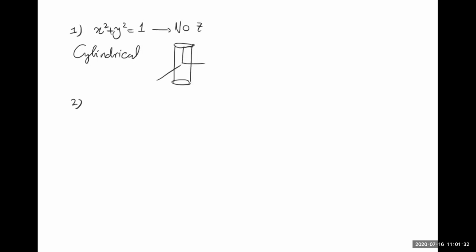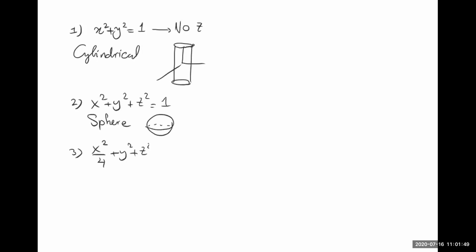The other thing we saw was something like x squared plus y squared plus z squared equals 1. This is a sphere. It looks like this. The other case was x squared over 4 plus y squared plus z squared equals 1. This is an ellipsoid. It's extended a little bit in the direction of the variable which has the larger denominator.